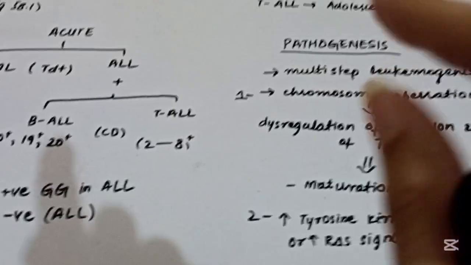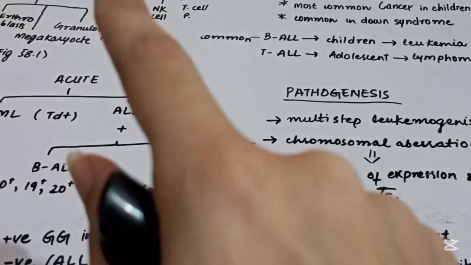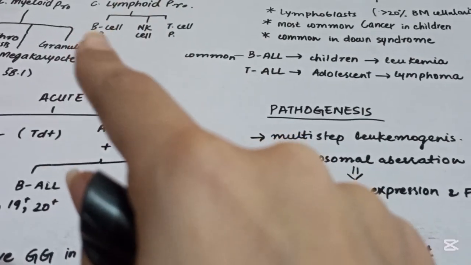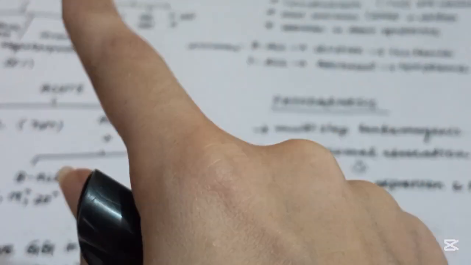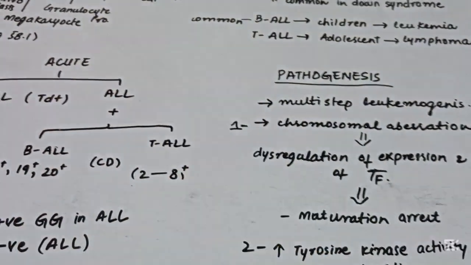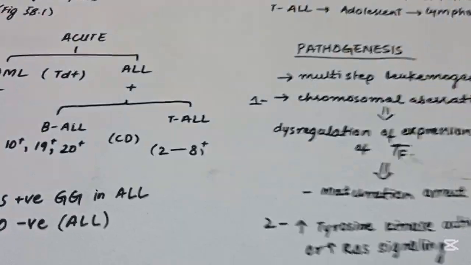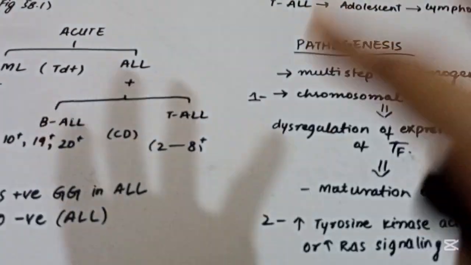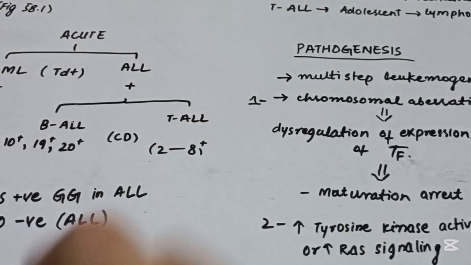Okay, as I told earlier, we have lymphoid progenitors which divide into B cell precursors and T cell precursors. On the basis of these two types of cells, we have two types of ALL, B-ALL and T-ALL, simply. And these are differentiated on the presence or absence of specific CD markers.